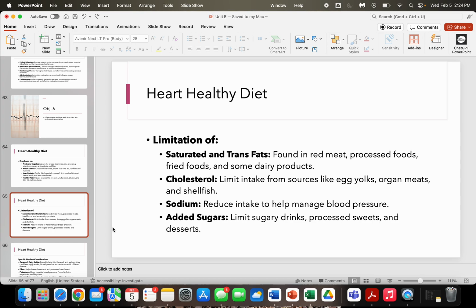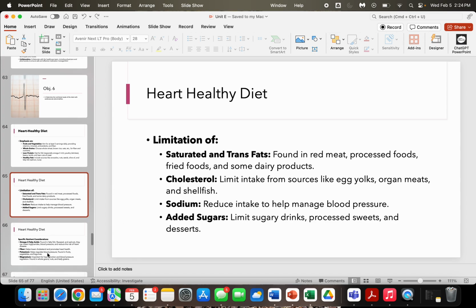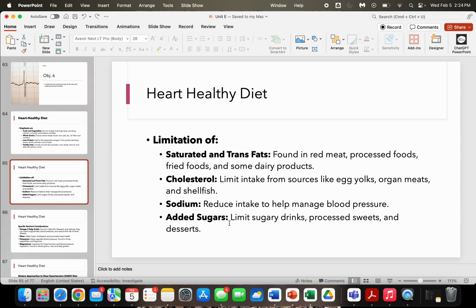Our body's gonna hold on to more fluid because it's trying to dilute that sodium and dilute that salt. So we want to make sure we're limiting our sodium intake. It's super important in heart failure patients, and in hypertension. But again, the overall goal here is a balanced, healthy diet with limitations of especially these things.